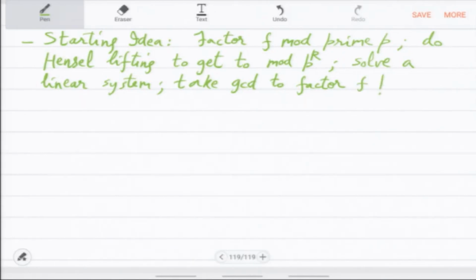This is what was happening, the main steps that you had when you went from bivariate factoring to univariate factoring. In fact, this is also what we did to prove Hilbert's irreducibility theorem. So that same template we'll try to follow, but when we get to the linear system stage, we will see that the questions are very different here.